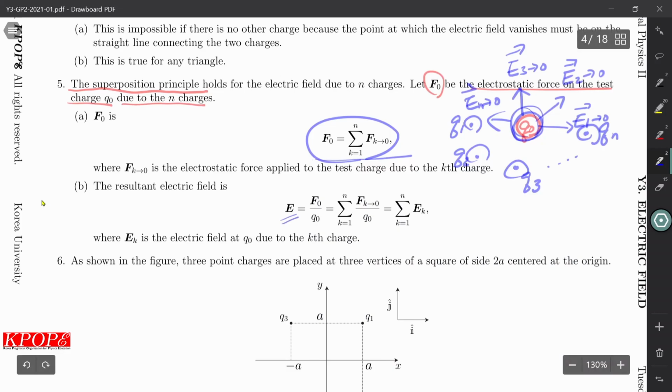So the electric field can be computed by dividing this F0 by the test charge Q0. The answer is the sum of the electric fields. So this Ek represents the expression.